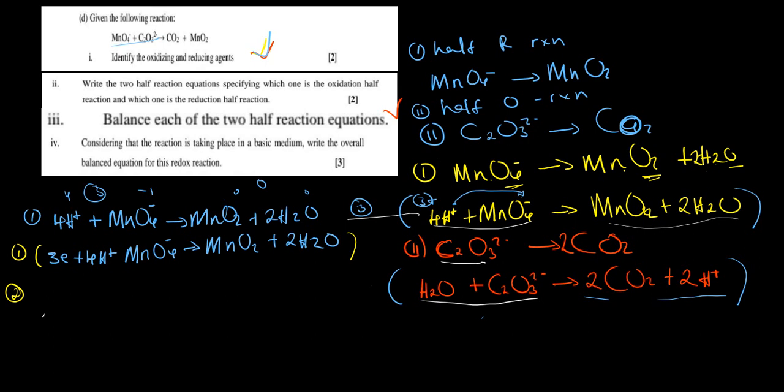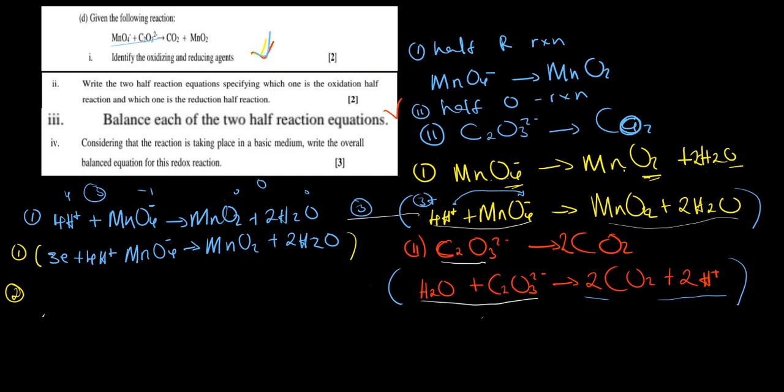I need to balance this number of electrons. There are 4 extra electrons. This side I have negative 2, but this side I have 2. So they are not adding up.